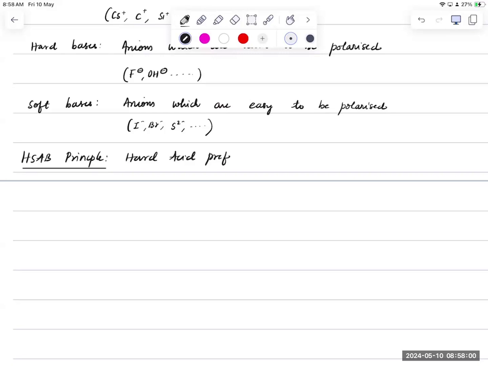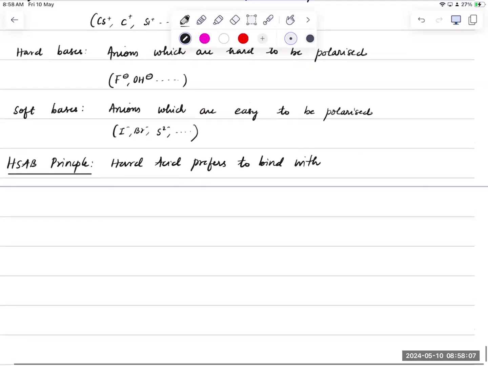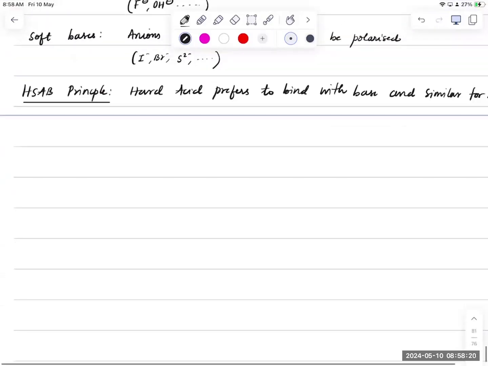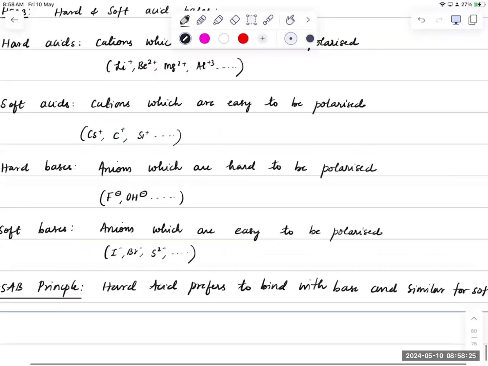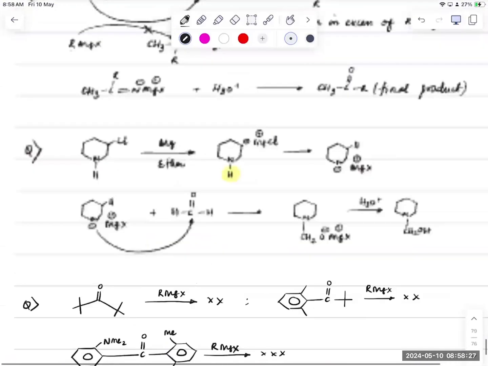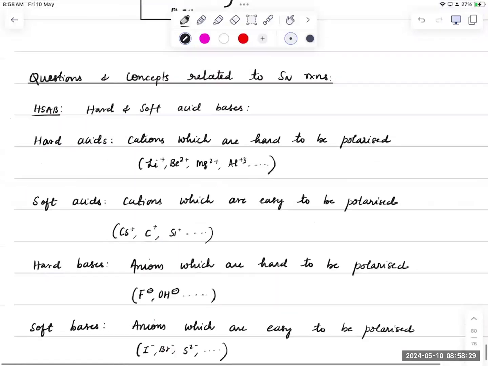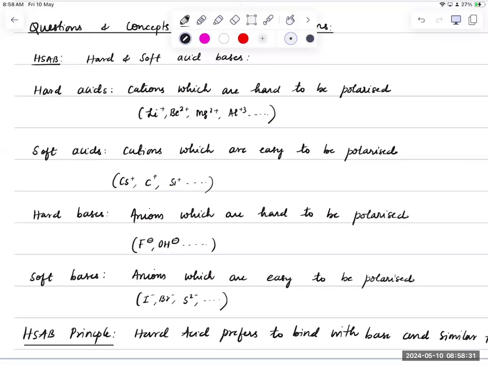So that means soft acid will try to bind with soft base. This is called the HSAB principle. Remember that. So which are hard acids, which are hard bases, which are soft acids, and which are soft bases.